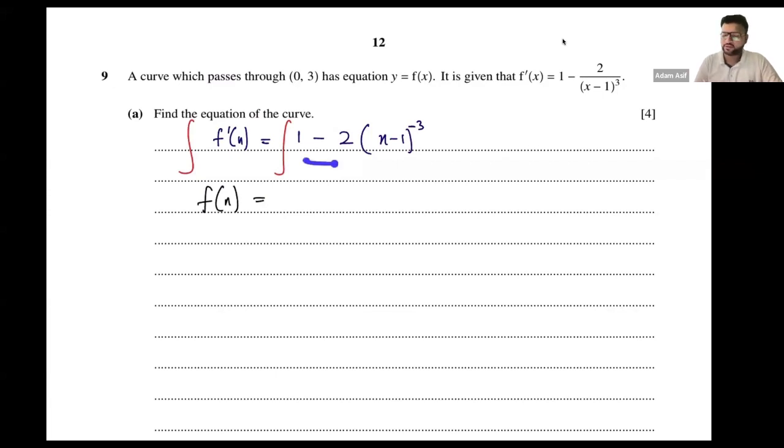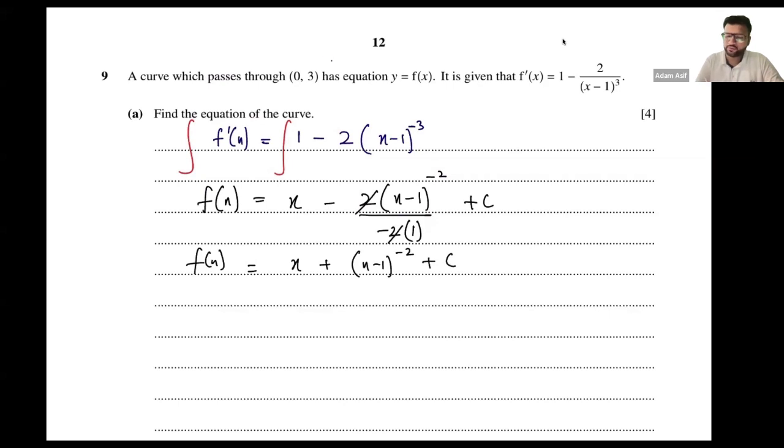Now 1 minus... integral of 1 is x. Integral of this expression would be 2 times (x minus 1), you add 1 to the power, divided by the new power, times the differentiation of x minus 1, that's just 1, plus the constant of integration. So this becomes x plus, this cancels out, (x minus 1) to the power of minus 2, plus c.